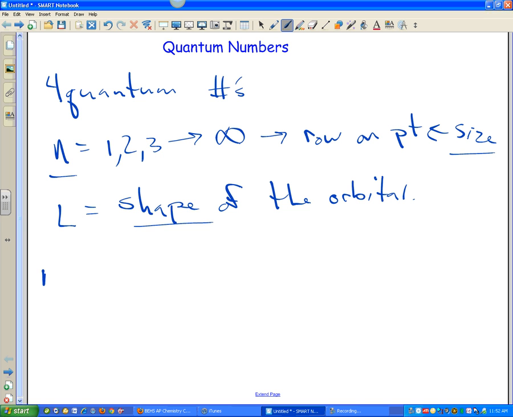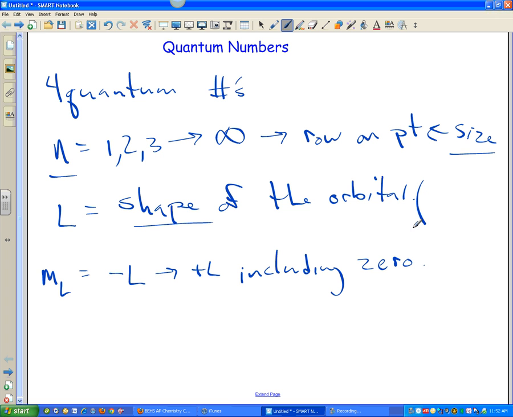The third one is the ML, and it's called the magnetic quantum number. And it can be equal to values between negative L to positive L, including 0. Now let's go up here because I forgot to write this.